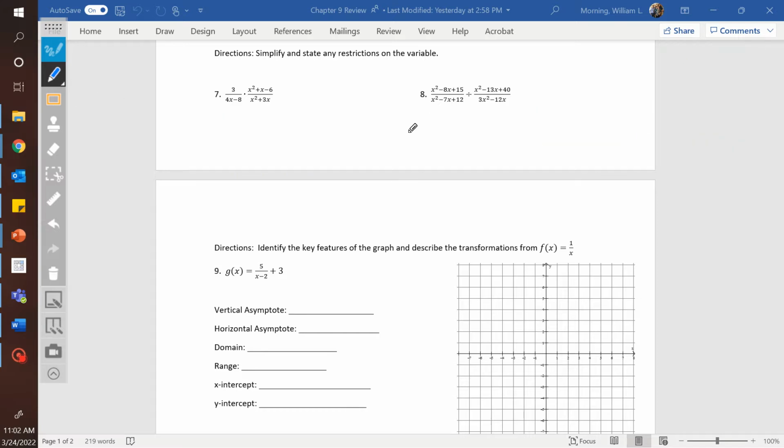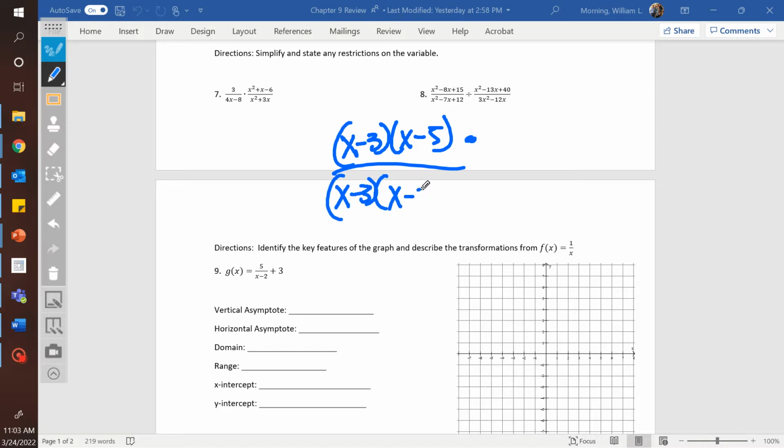Okay, number 8 is division, which means we flip the second fraction so that it becomes multiplication. X squared minus 8x plus 15, that's x minus 3 and x minus 5. X squared minus 7x plus 12, that's x minus 3 and x minus 4.